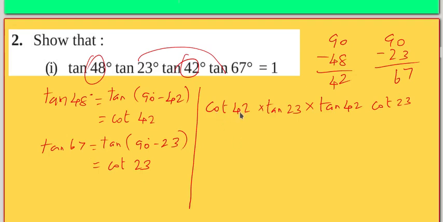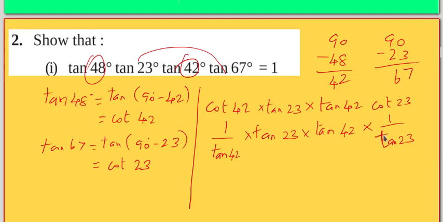Cot 42, what can we write? Cot is the reciprocal of tan, so we can rewrite it as 1 by tan 42. Next, tan 23 into tan 42, and into cot 23, which is also 1 by tan 23.